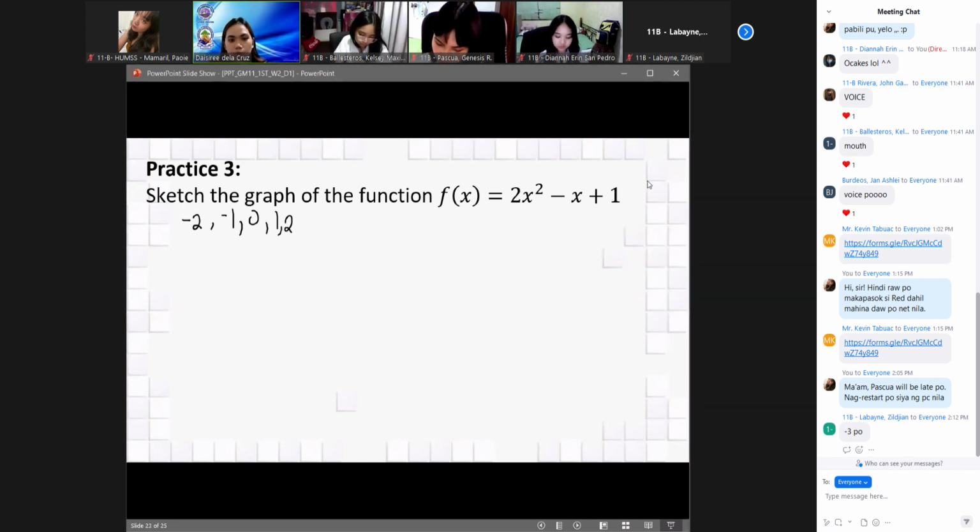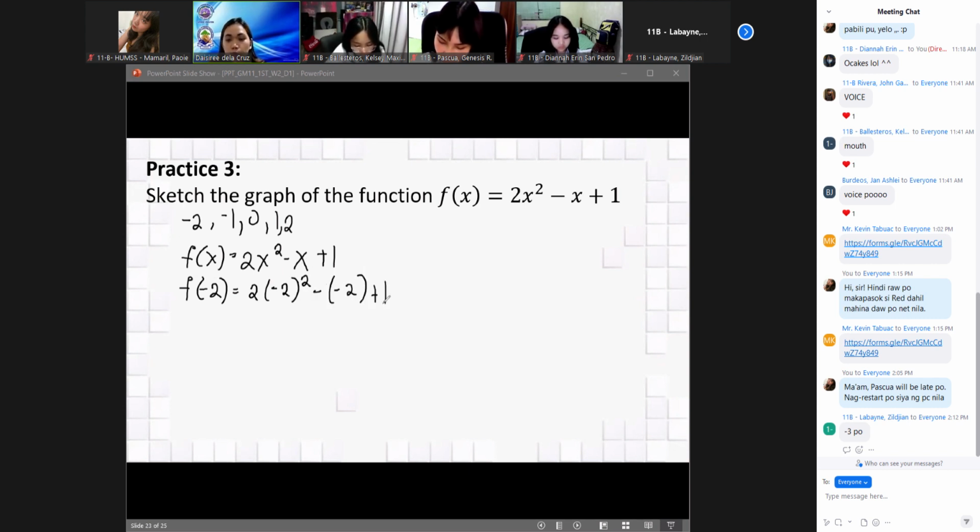So, now, let's substitute yung first value natin, which is yung -2. So, our given function is f of x is equals to 2x squared minus x plus 1. Okay? And then, substitute lang natin. So, f of -2 is equals to 2 times -2 squared minus -2 plus 1.